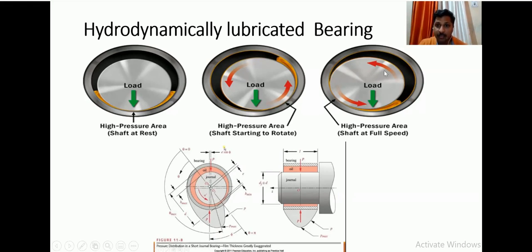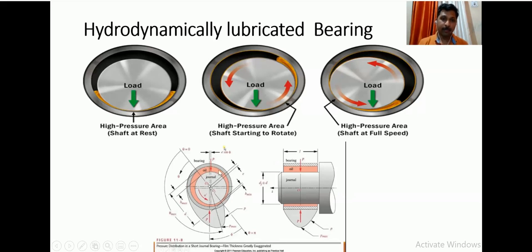We can see that the journal will be lifted up due to the motion of this pressurized oil, and the pressure will have a distribution like this. When the oil moves in this direction, there will be a maximum pressure position where the minimum oil film thickness will be developed.